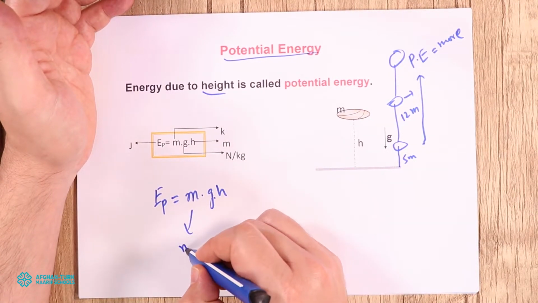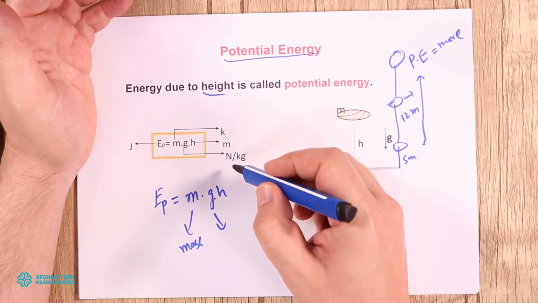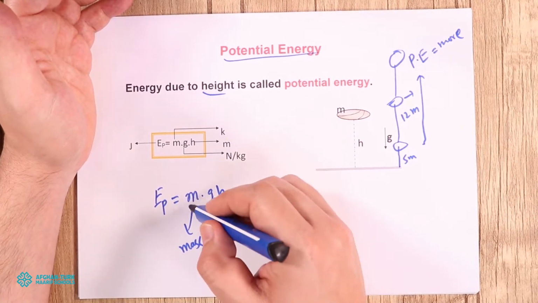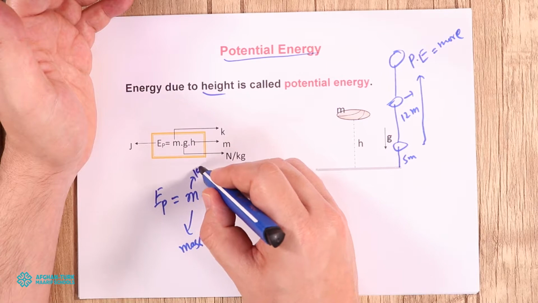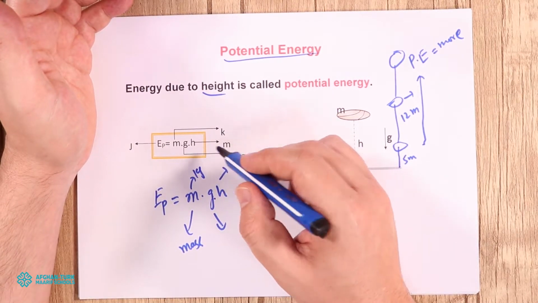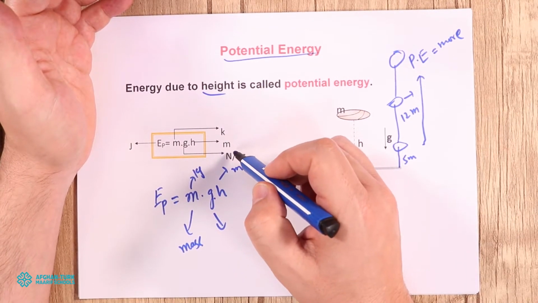PE = mgh, where m means the mass of the object, g means gravity, which has the unit Newton per kilogram. The unit of mass is kilogram, and the unit of h, the height, is meter.